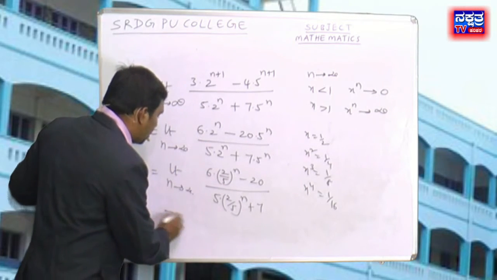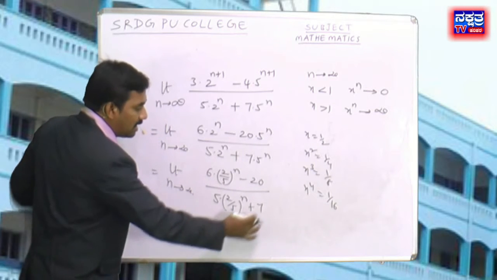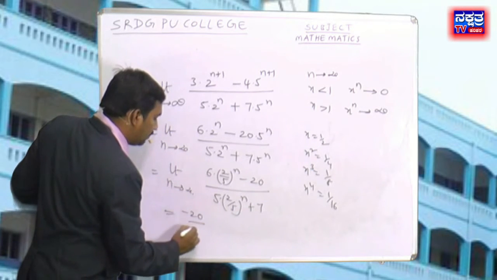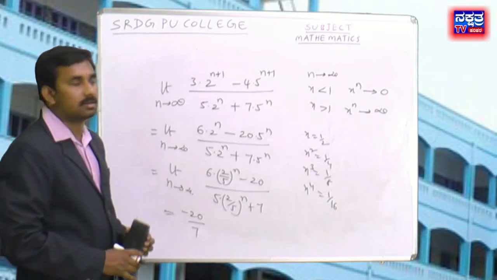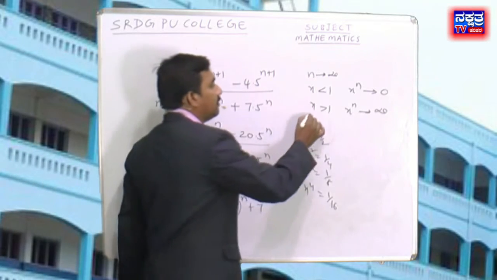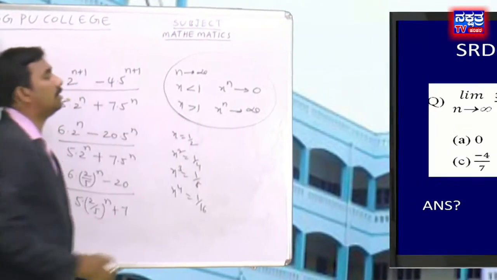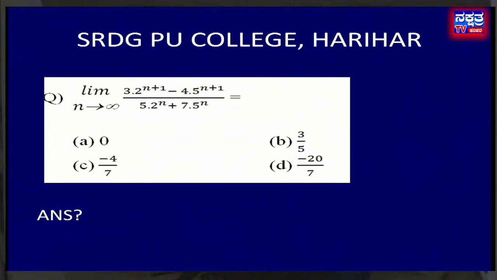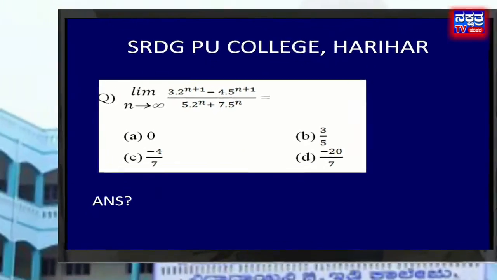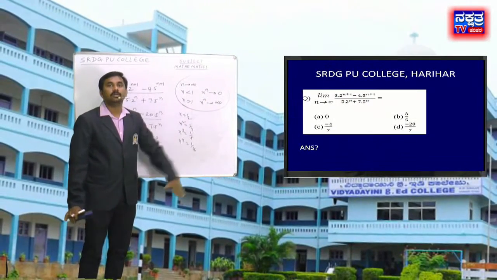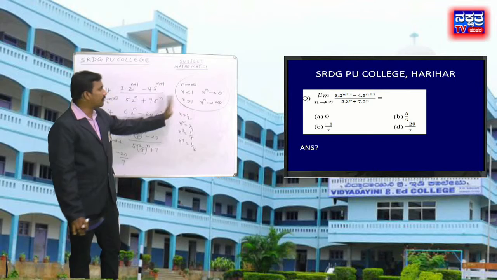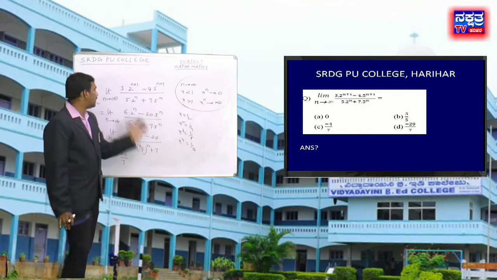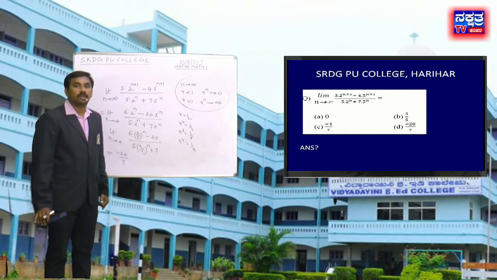Then finally the answer will become minus 20 by 7. So this is the answer. Here what is the important formula? Here if n tends to infinity, x less than 1, x^n tends to 0. If x greater than 1, x^n tends to infinity. So this is the very, very important one in the case of n tends to infinity.